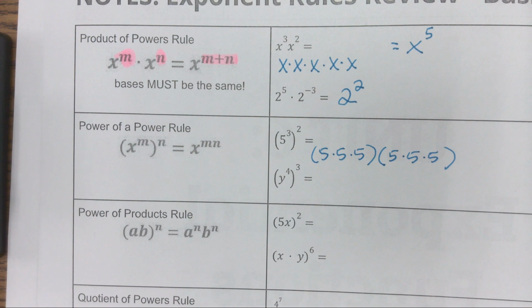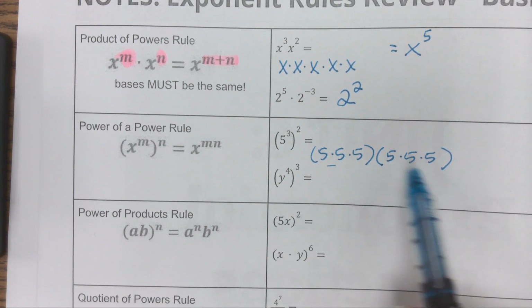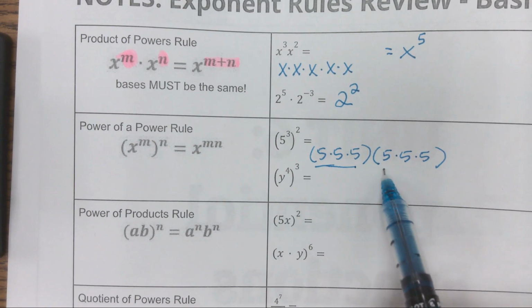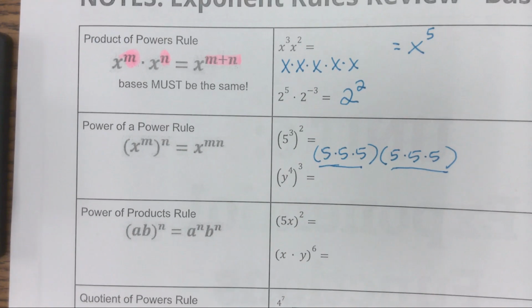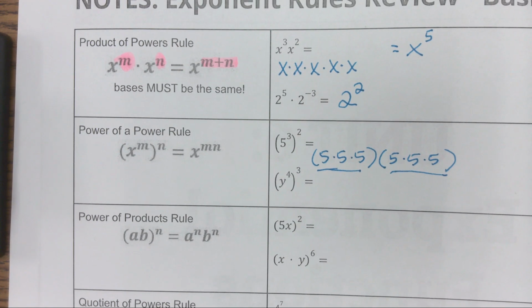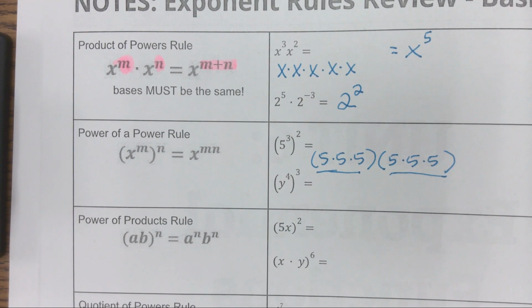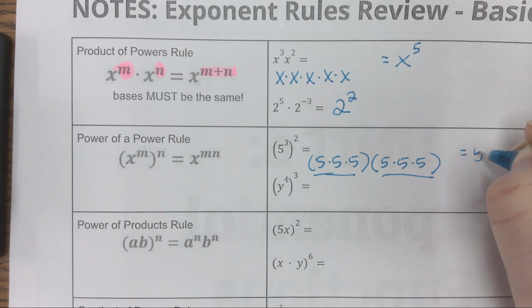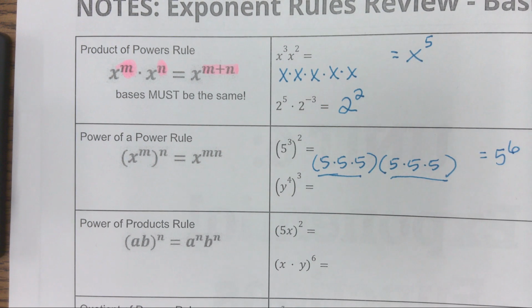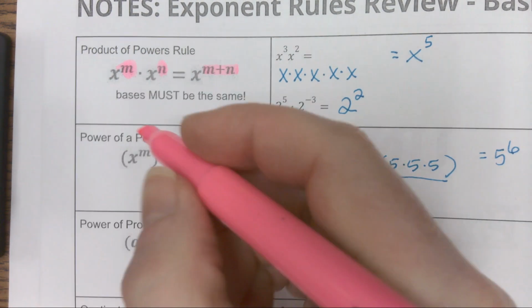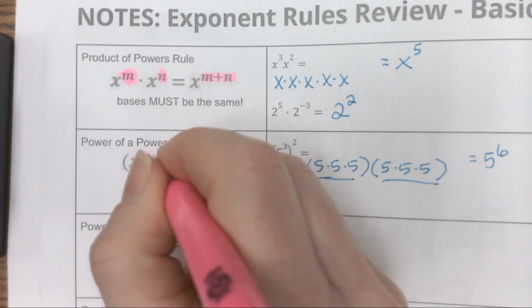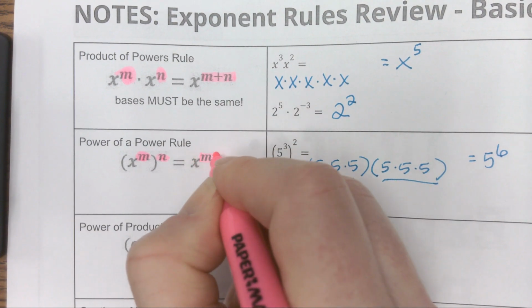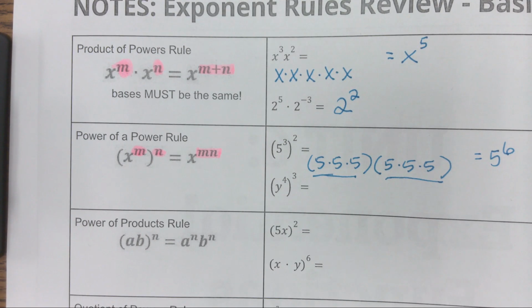So inside I have my 5 cubed, and here I have a product of 2 of those things. That's the squared part. That's 5 to what power? 5 to the 6th. So if you have an exponent raised to another exponent, the rule is that you multiply those exponents together.